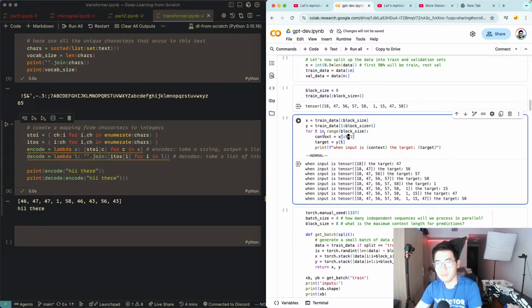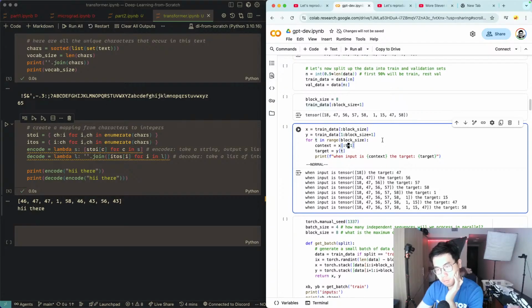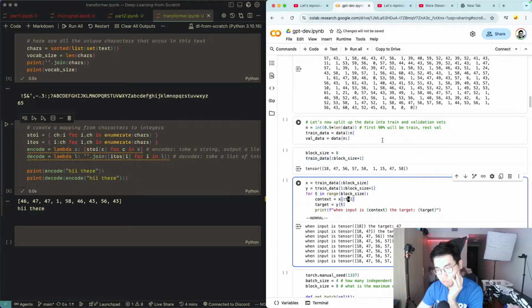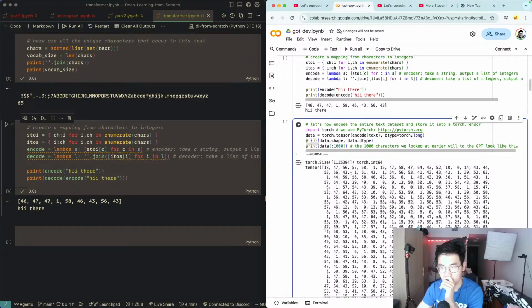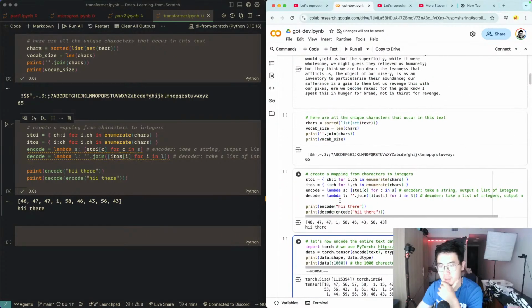Like, oh, so 1D vector of this size, and then we see the first 1,000 tokens, which we've tokenized by encoding the text.